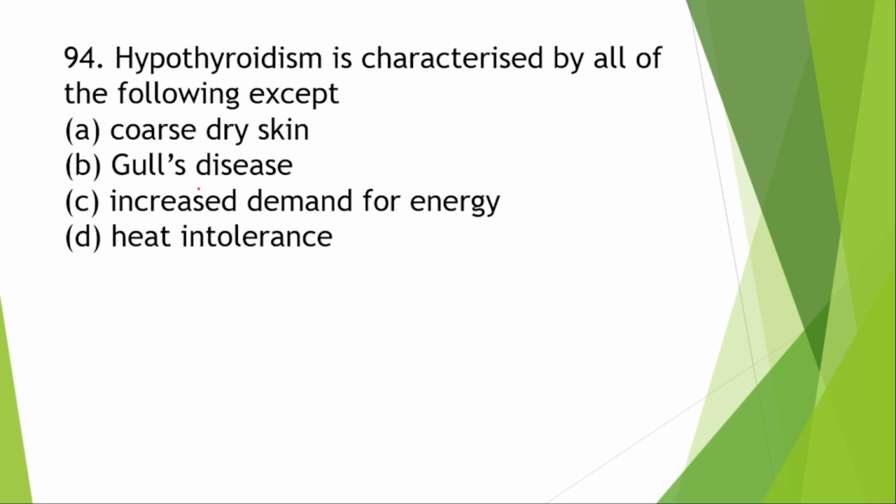94th question. Hypothyroidism is characterized by all of the following except: coarse dry skin, Gull's disease, increased demand for energy, heat intolerance. So here the right option is option D, heat intolerance.